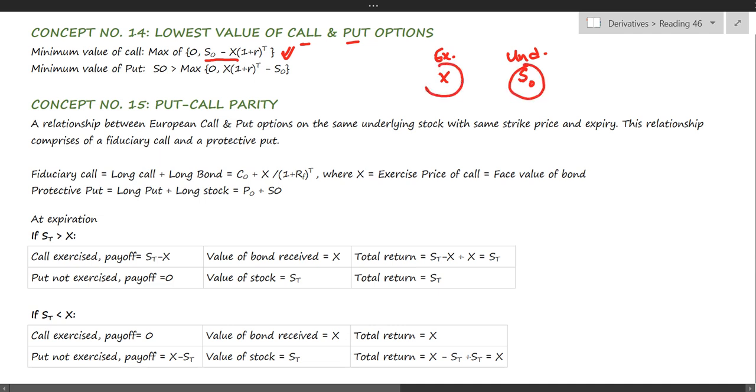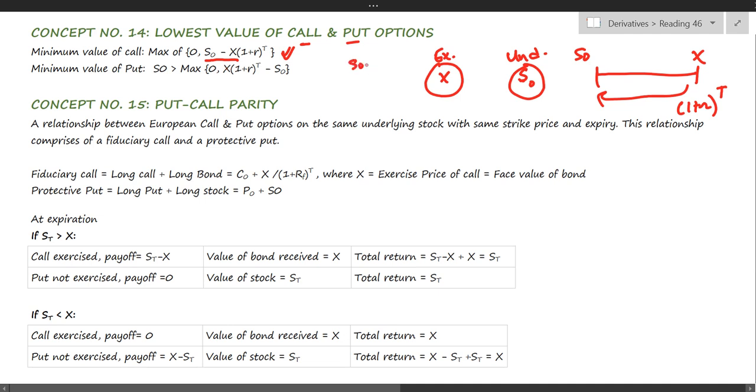However, exercise price is the price that needs to be paid or received as on expiry, right? That is at the end of time period T. So just to simplify it, you can bring this X to the present day value by discounting it with the risk-free rate for a period of time T. Okay, and the difference between the two is the value of your option.